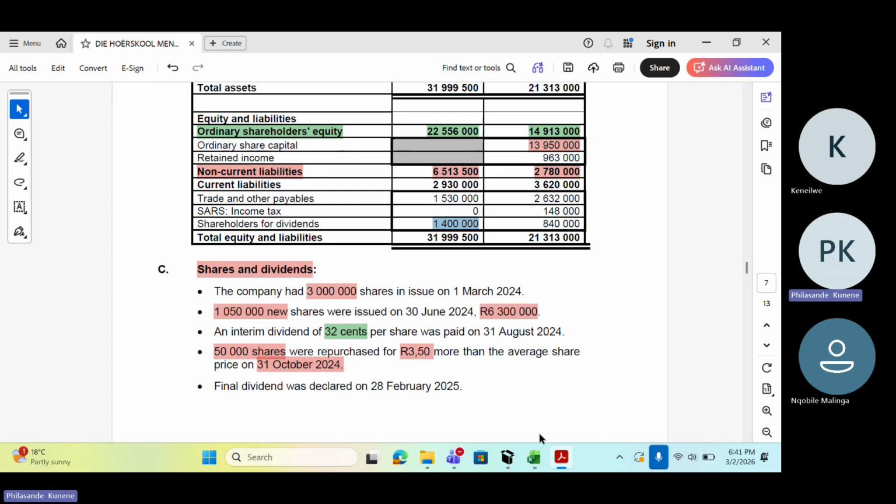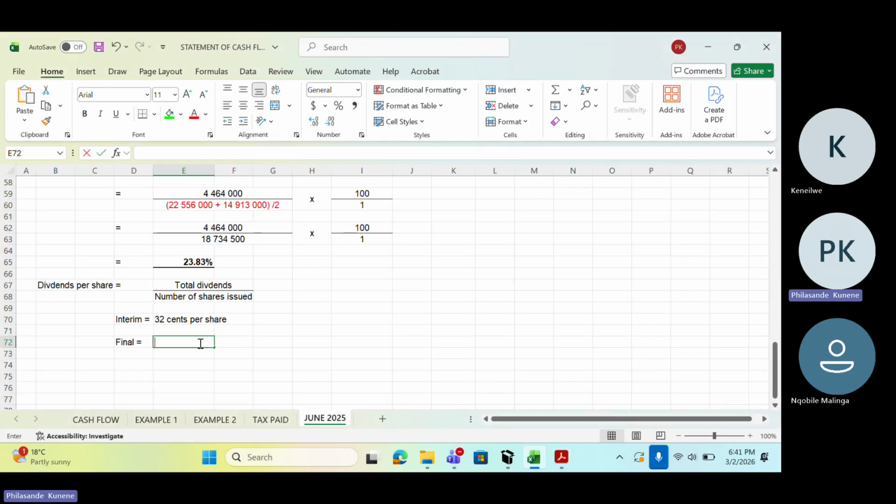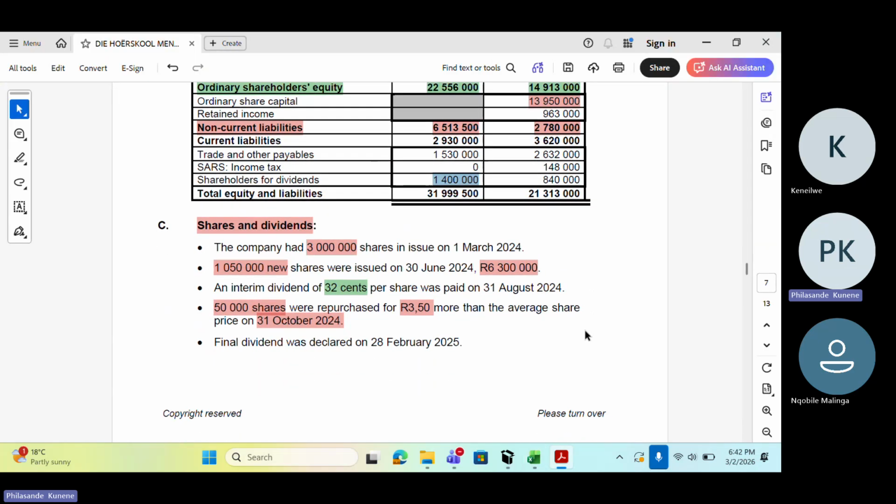That will always be equivalent to the dividends declared at the end. That is the final dividends, divided by the number of shares issued at the end of the year.